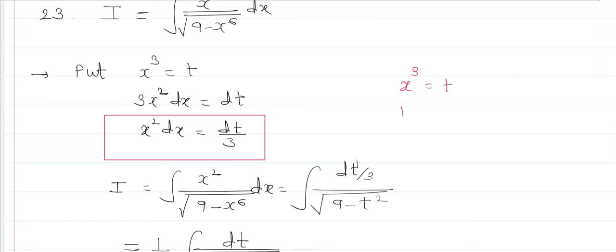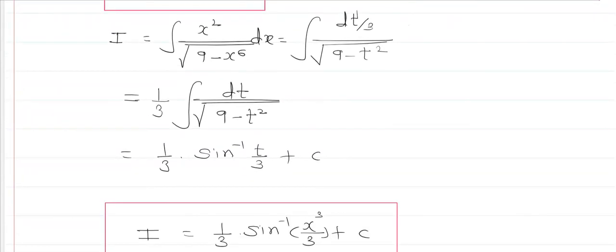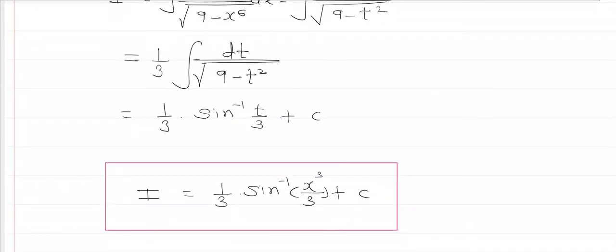Therefore, x raised to 6 is equal to t square. So it becomes 1 by 3 dt upon under root of 9 minus t square. Now its integration is 1 by 3 sine inverse of t upon 3 plus c. Replace the value of t, that is x raised to 3. Therefore, I is equal to 1 by 3 sine inverse of x cube upon 3 plus c.